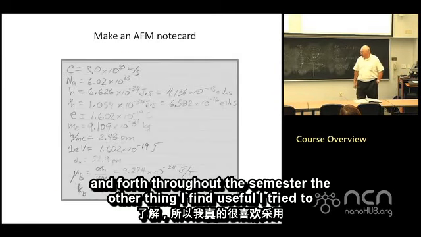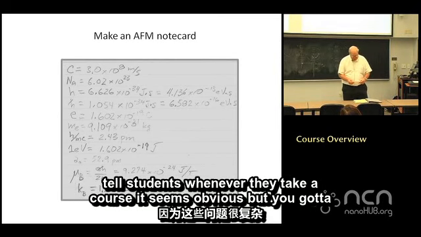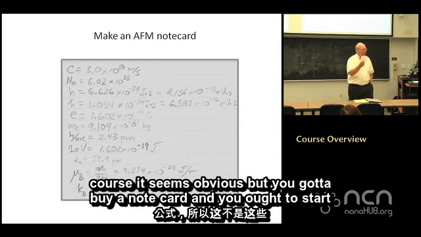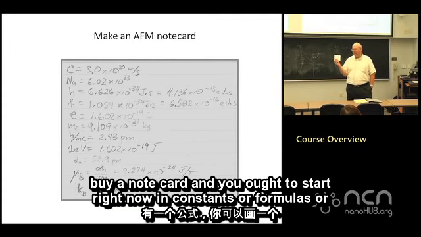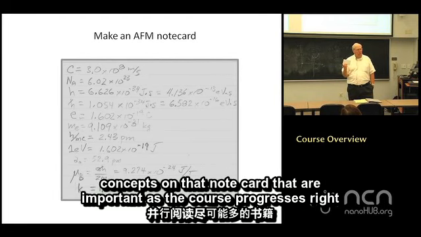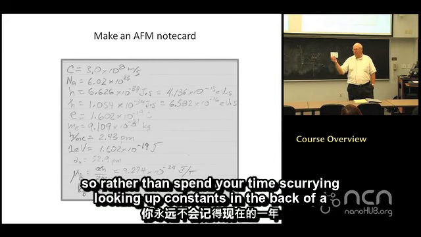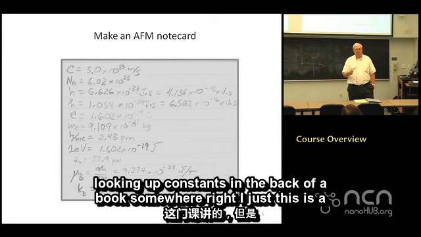The other thing I find useful, and I try to tell students whenever they take a course, it seems obvious, but you ought to buy a note card. And you ought to start writing down constants or formulas or concepts on that note card that are important as the course progresses. So rather than spend your time scurrying, looking up constants in the back of a book somewhere, this is a copy of my note card.